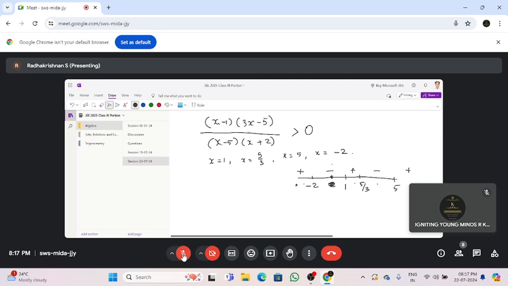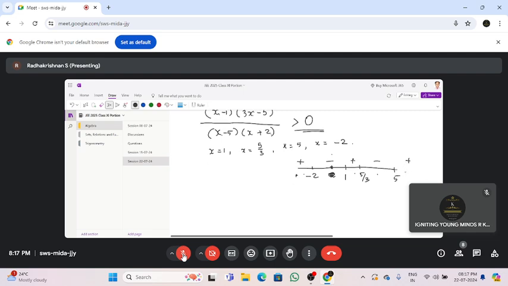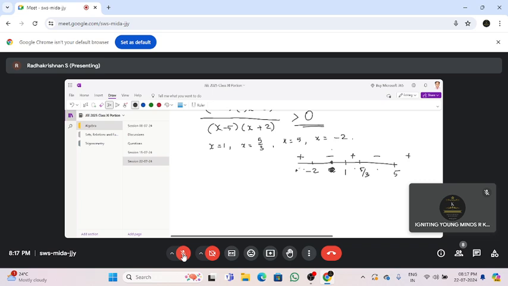If it is greater than 0, wherever you have put plus, those are the ranges. What are those? Minus infinity to minus 2, 1 to 5 by 3, 5 to infinity.